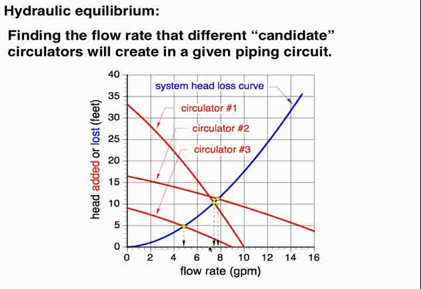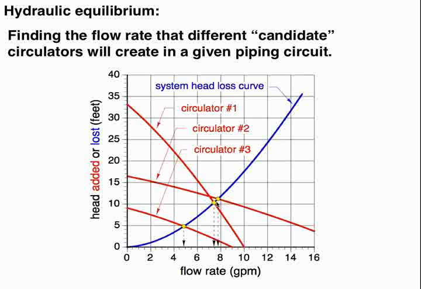We've got this operating point, and it looks like we'd be somewhere just under 7.5 gallons per minute. If we were to change to circulator number 2, that's this middle curve, look at how close these points are. That shows you that even though those 2 pump curves are quite different from each other, circulator 1 and circulator 2 actually end up operating at almost the same flow rate in that particular system.